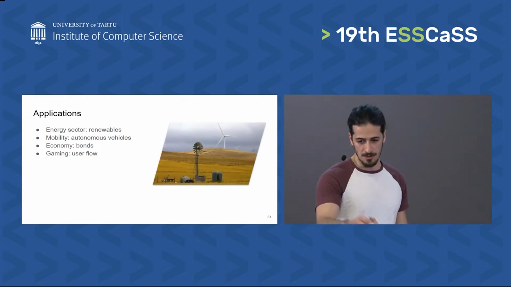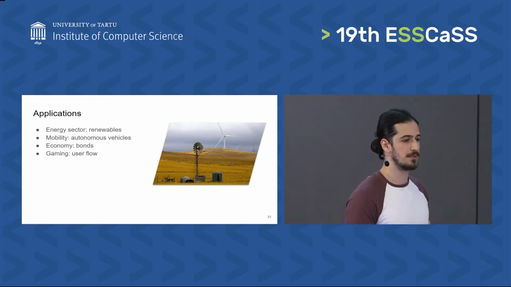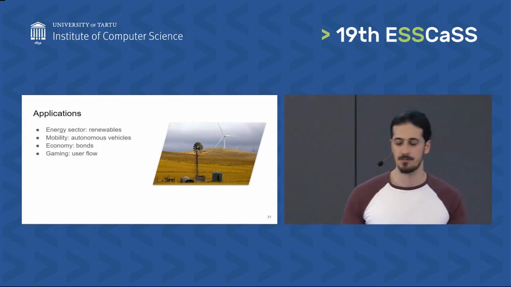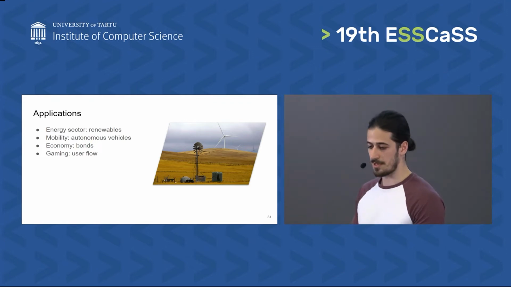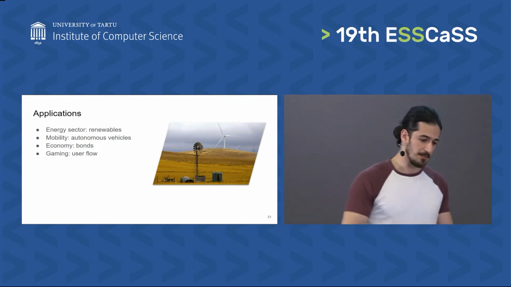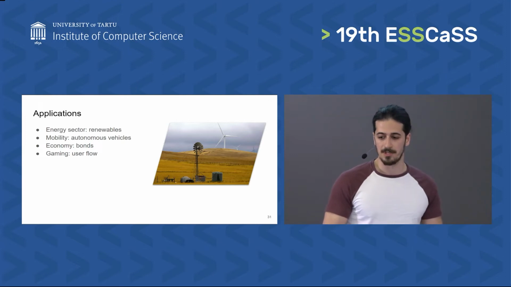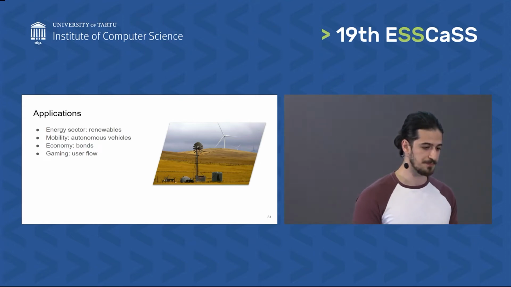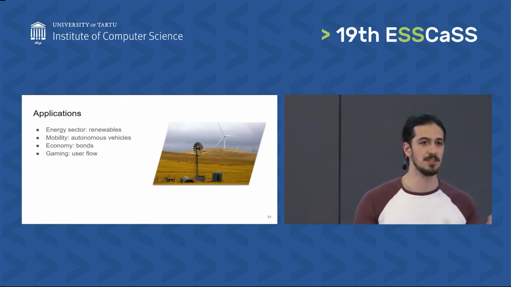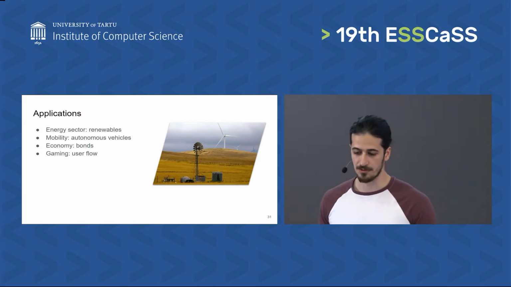For example, in the energy sector, we have renewables, due to the stochasticity of renewable energies such as wind, solar, and so on. The dependencies between the observations that we have from the wind and so on make it essential to be able to model these dependencies, in order to have more optimal decision making in terms of, for example, balancing the grid and downstream tasks.